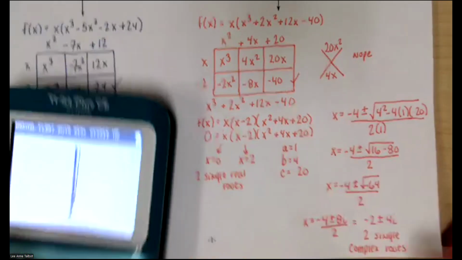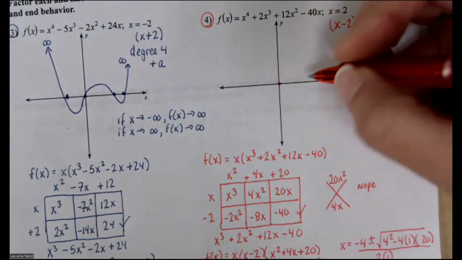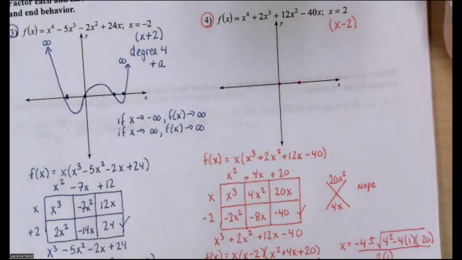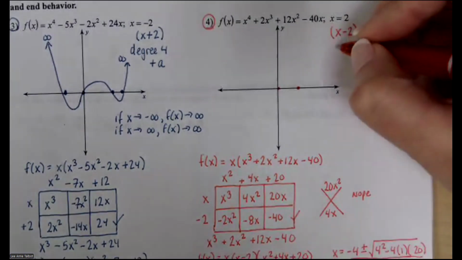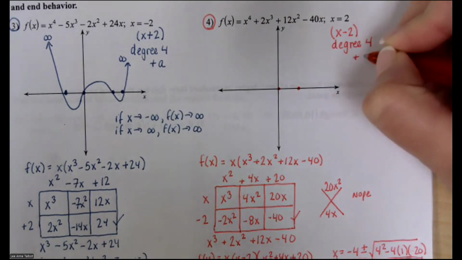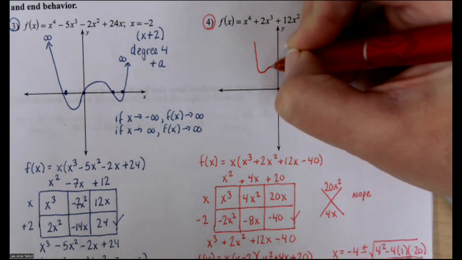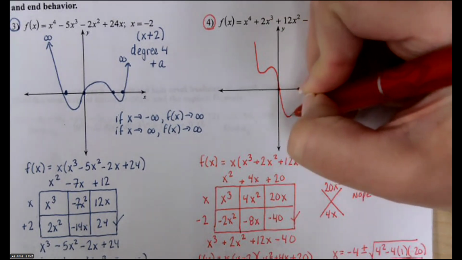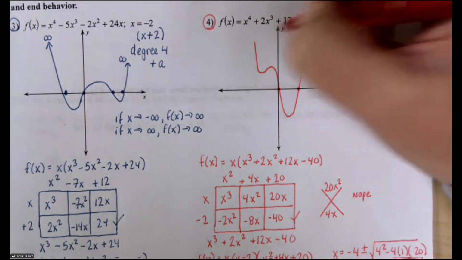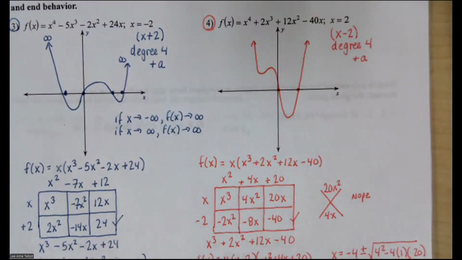So what we're going to do is we're going to say, okay, we know we have single reals at 0 and 2. We know it's a degree 4. We know it has a positive 8. So we're just going to go, okay, there should be some sort of situation somewhere. And it doesn't even have to be on this side. It could be over here. I'm not sure.